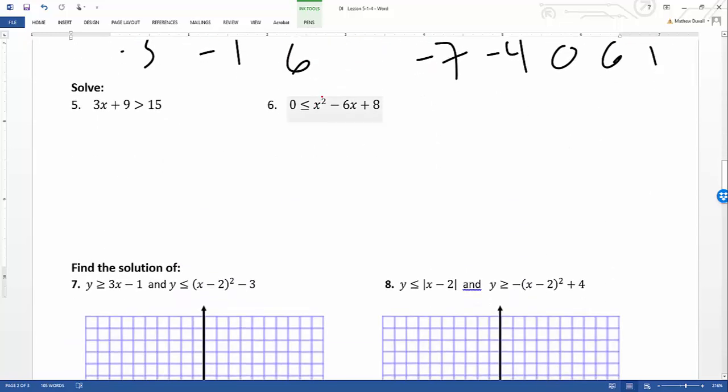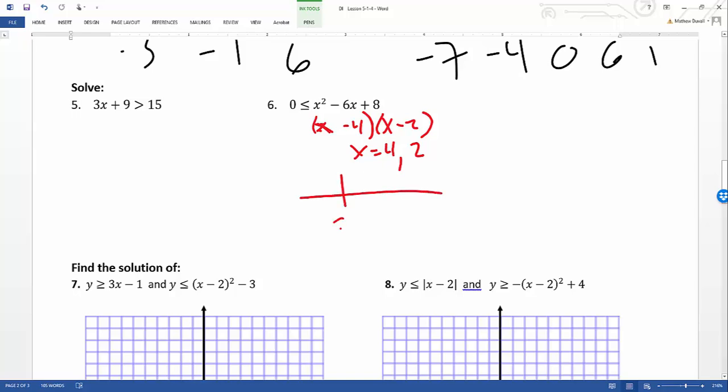So solving this, factoring it, you're going to get x minus 4 and x minus 2. So x equals 4 and 2. So put that on a number line. Closed circle since it's equal to. Now testing true and false. If I plug in 0, is 0 less than 8? That's true.